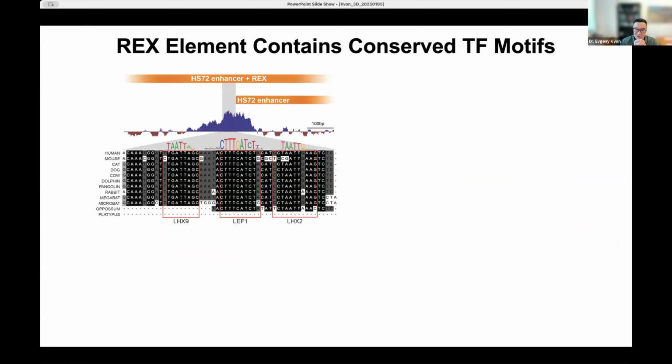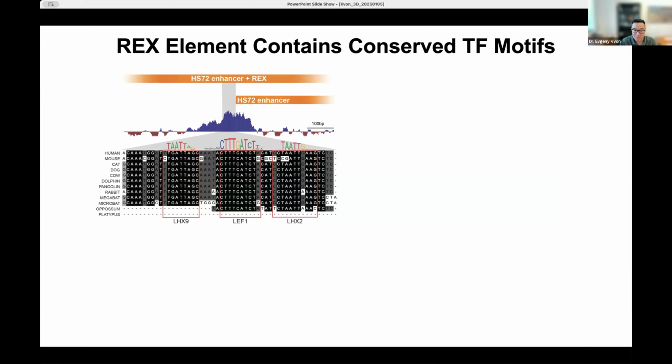Okay, so of course, the next question is, what is in the sequence of that range extender that is important and makes that Rex element work, right? So we checked, of course, the first thing: there was no CTCF site, not even a weak one, in that element, and also nowhere nearby.